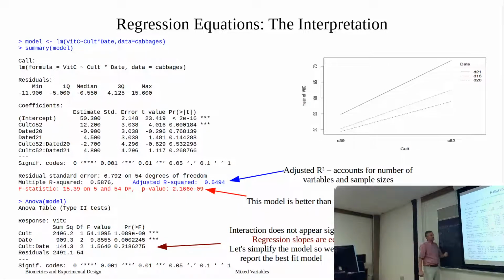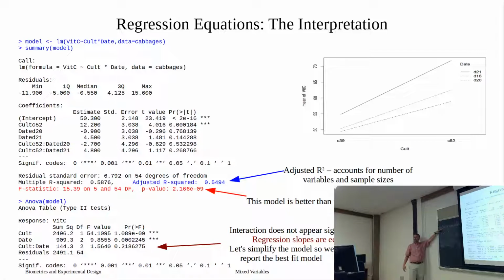The other thing is this adjusted R-square. This adjusted R-square term tells us how much variation is accounted for by variables in the model. And you can say, how much variation of what? How much variation in vitamin C?